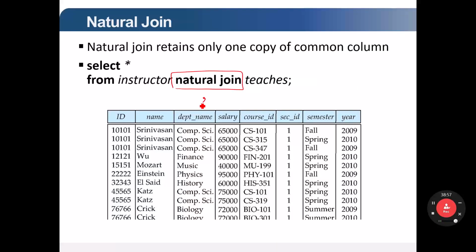So instead of a comma, you may have the natural join keyword. Then the DBMS will perform the natural join. And in this case, the common attributes will be compared, and only those records that have the same common attribute values will be retrieved. So that common attribute will not be duplicated in the output table.